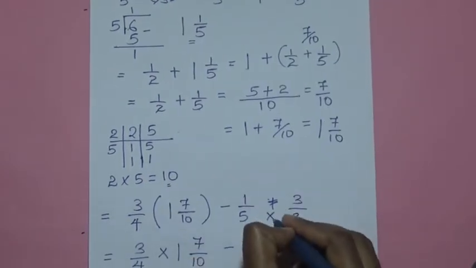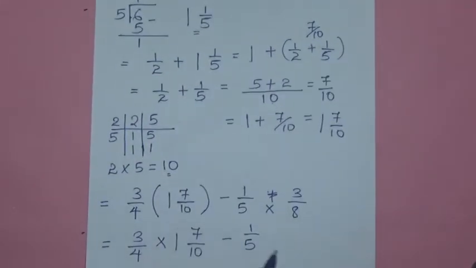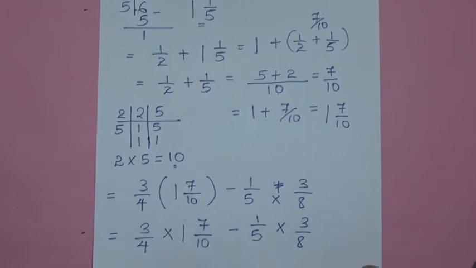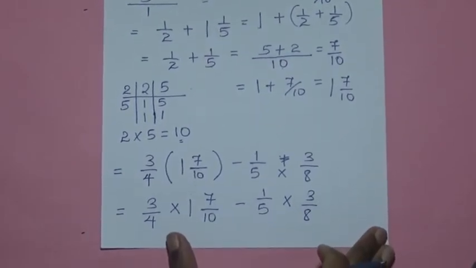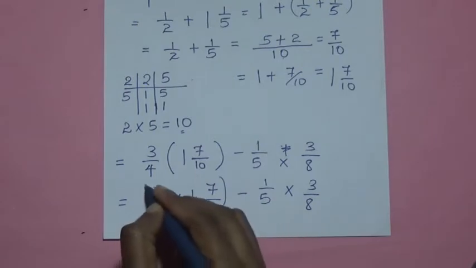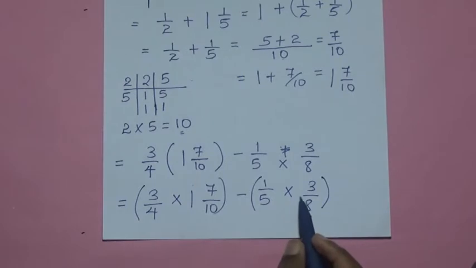So minus 1 over 5 multiplied by 3 over 8. So we can work out this multiplication, and then this multiplication, and then we do the subtraction.